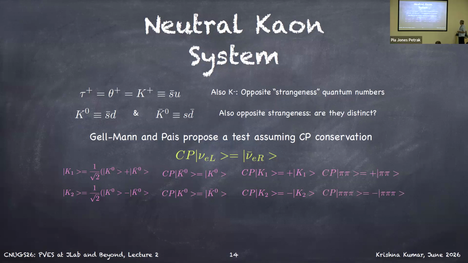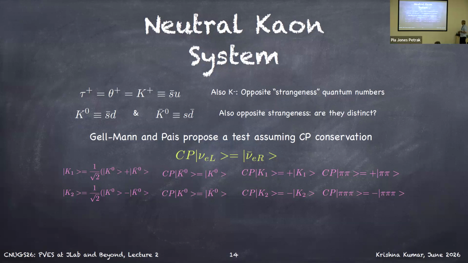Therefore, K1 can only decay to 2 pions, and K2 can only decay to 3 pions. Now, why is this important? Given the mass of the K plus, the 3 pion decay is extraordinarily long compared to the 2 pion decay because of phase space. Once you add 3 pions, it's almost the mass of the K plus, so there isn't much phase space.